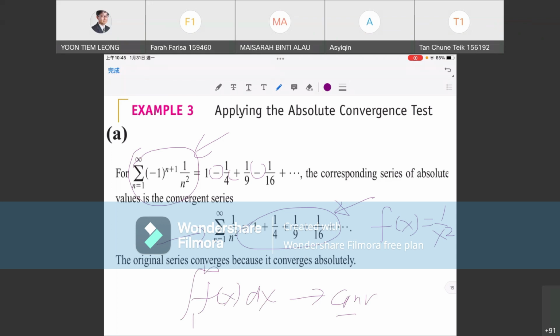So if the proxy function's integral converges, then so does this absolute series. If this absolute series converges, then by theorem 6, the alternating series also converges. So that is how we prove it, right?